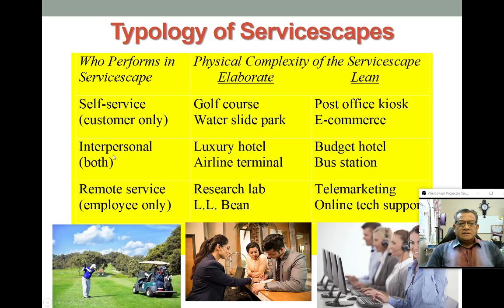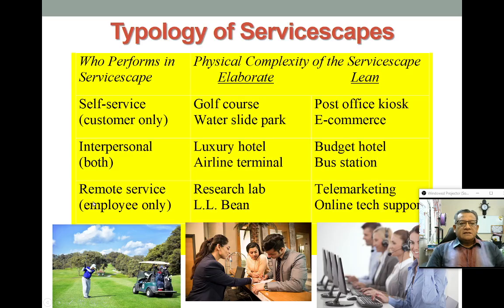The interpersonal servicescape is available, in which you interact with the hotel personnel, like the receptionist, and later upon getting your payment and booking done, you get your room card or key, and then you go to your room. So this is quite straightforward, lean.